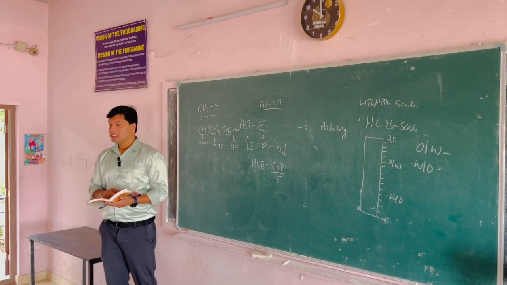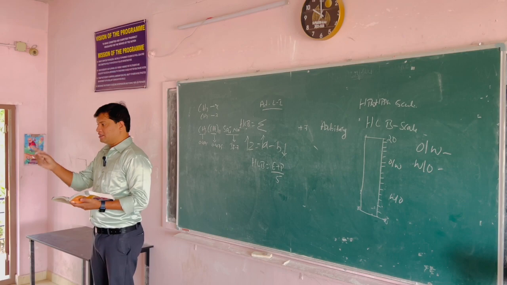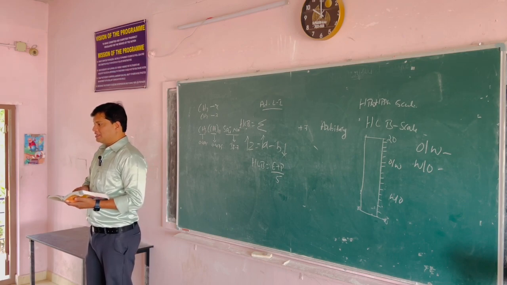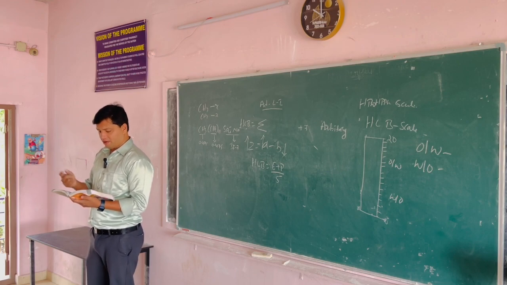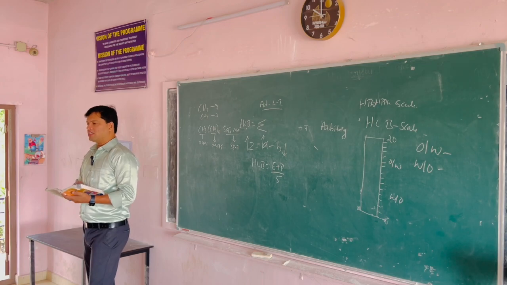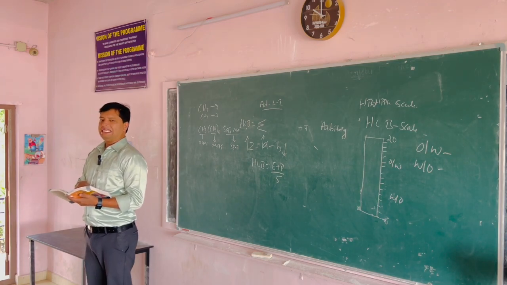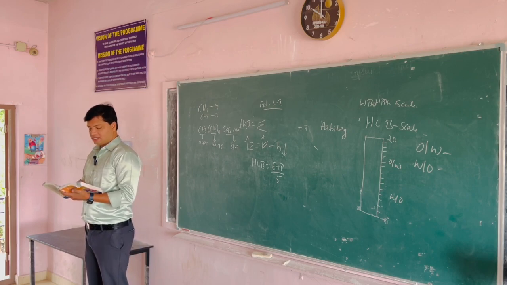What is E? E is ethylene and P is polyoxy, so ethylene oxide and polyhydric alcohol. E is percentage weight of ethylene oxide chains.